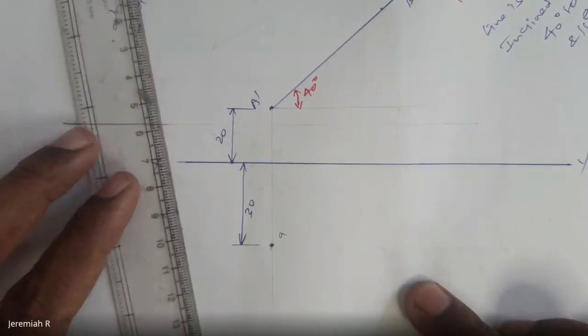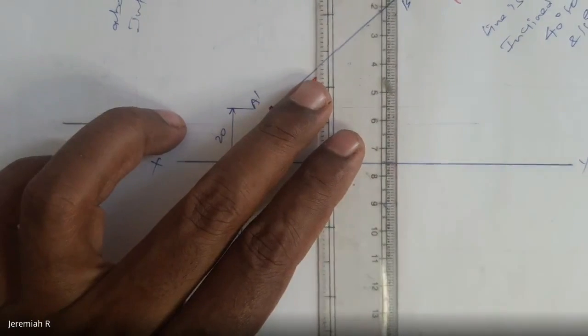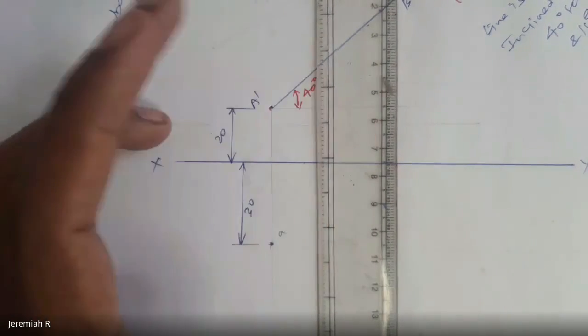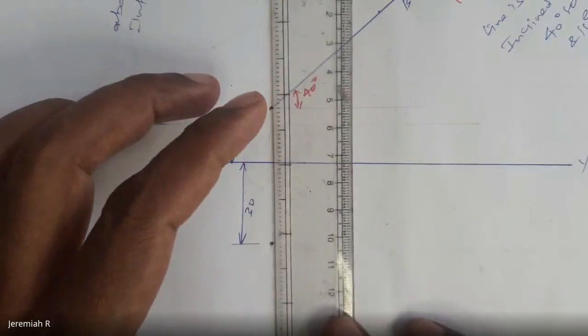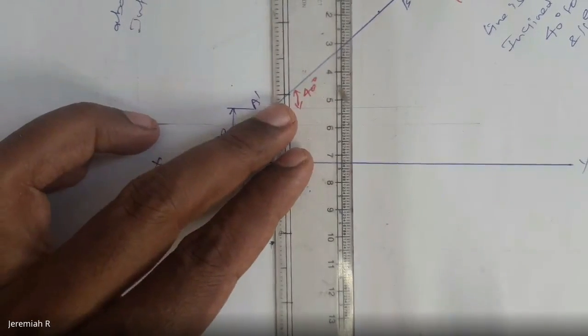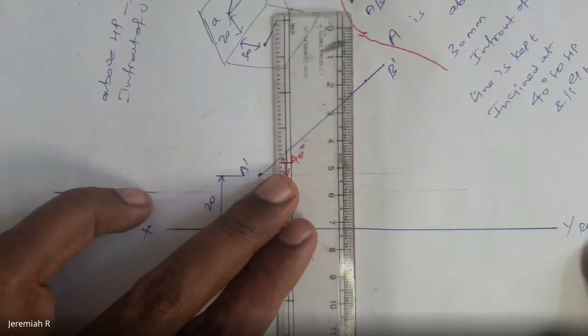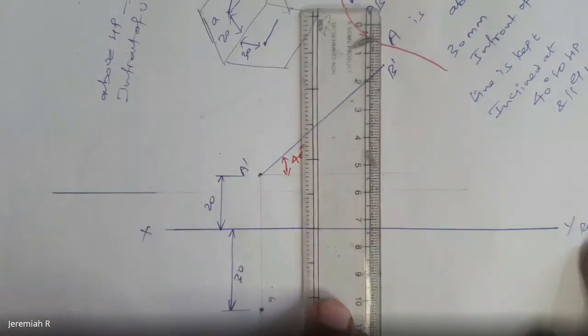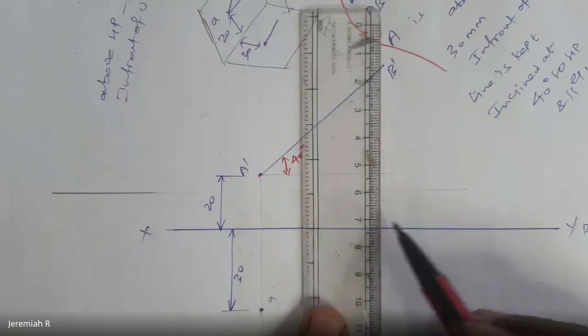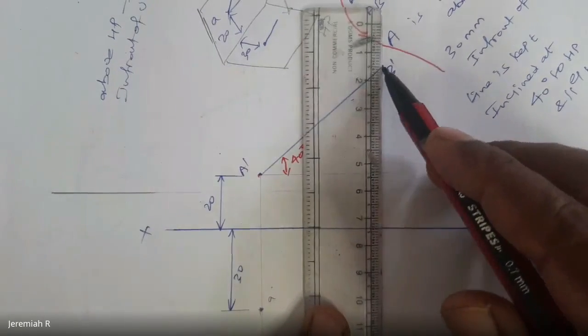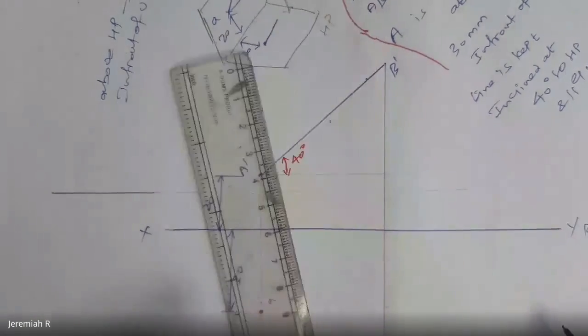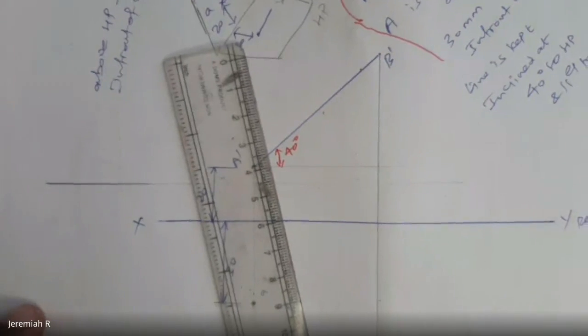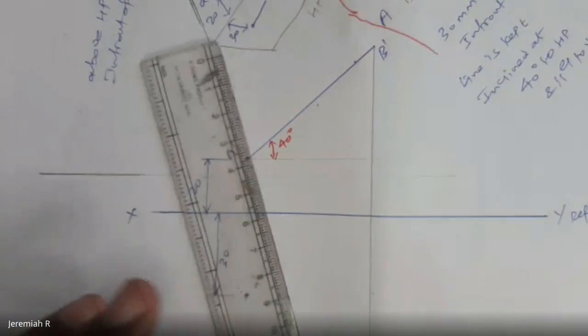To locate point number B, what we have to do? If you have a set square, that's better. Keep the set square, tighten it and move to B dash. From point number B dash, you have to draw a vertical line.